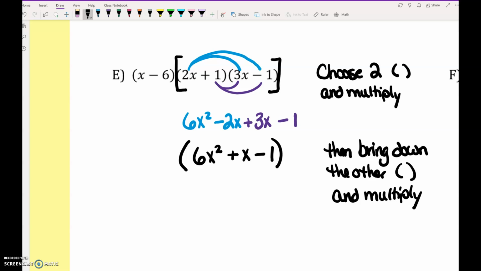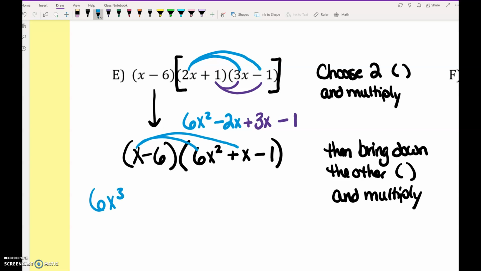So this is math people's tricky way of making you do two problems when it looks like it's only one problem. So bring this x minus 6 down, and now we need to double distribute again. So x times 6x squared is 6x to the third. X times x is x squared. X times negative 1 is negative x. If you want to continue horizontally, you can. If you want to group things vertically, you also can.